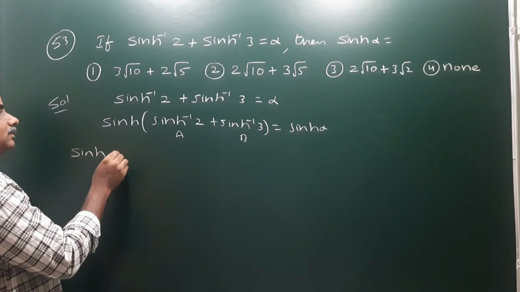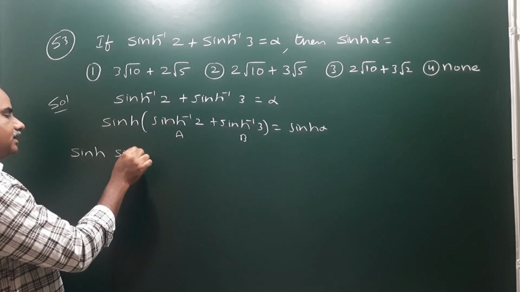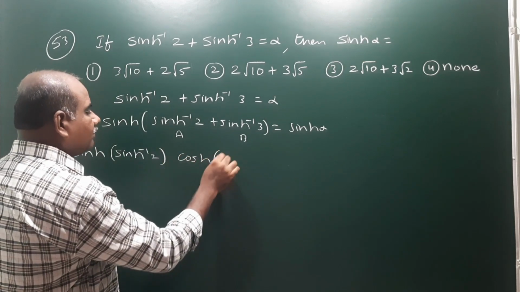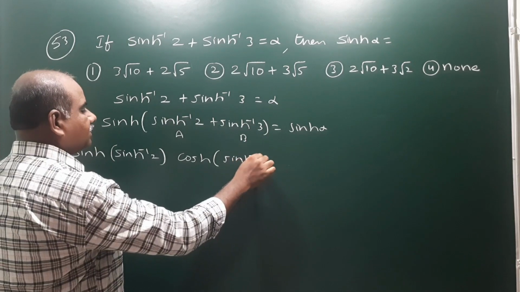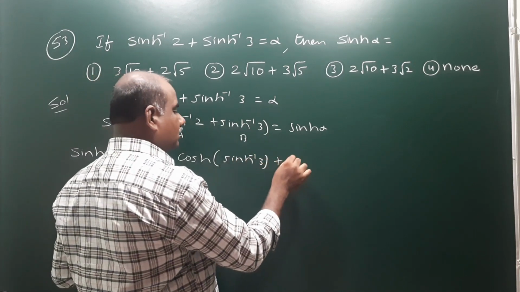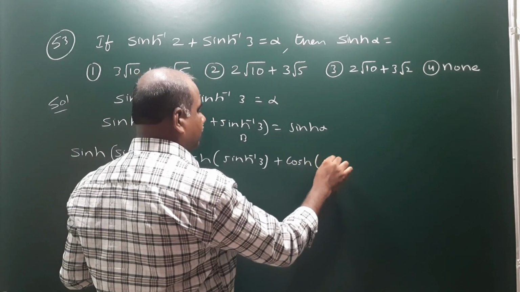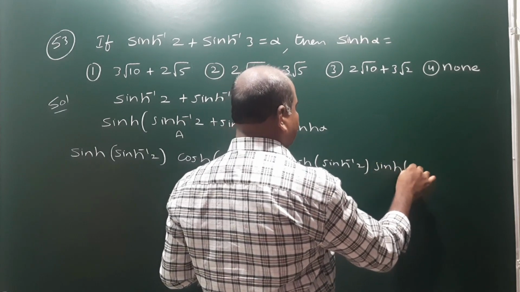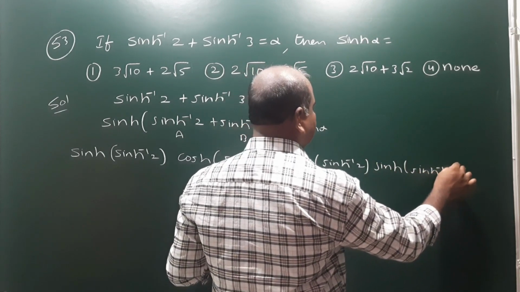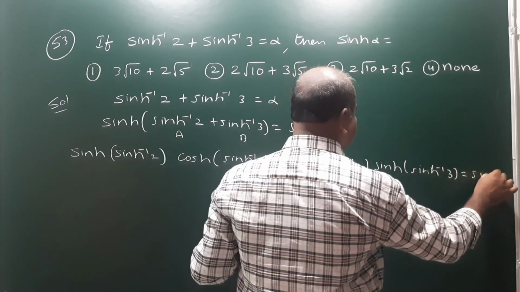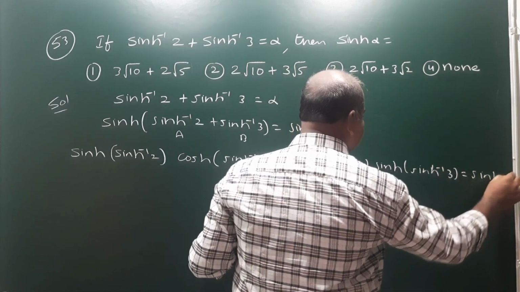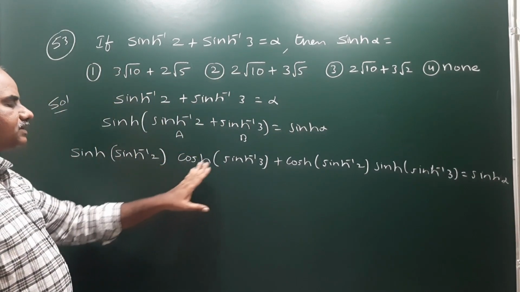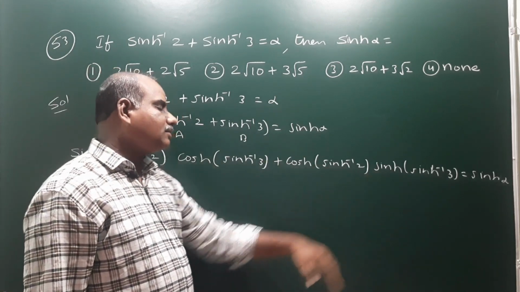Sinh a cosh b means sinh inverse 2, cosh of sinh inverse 3, plus cosh a sinh b means cosh of sinh inverse 2, sinh of sinh inverse 3. This is equal to sinh alpha. It is in the form sinh a cosh b plus cosh a sinh b.